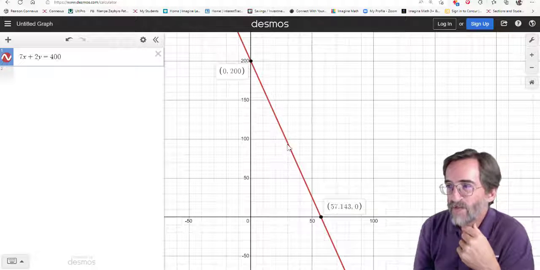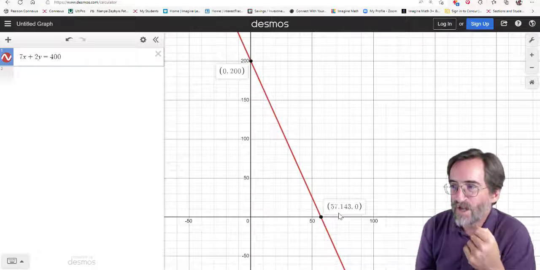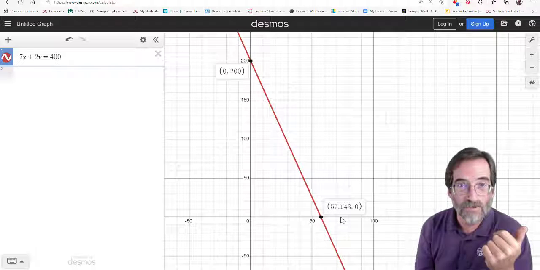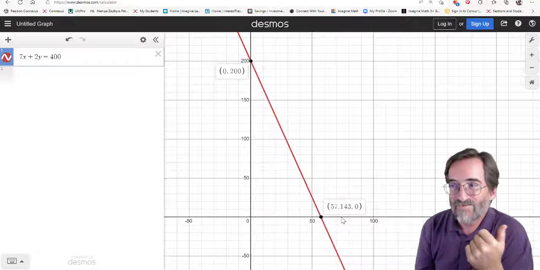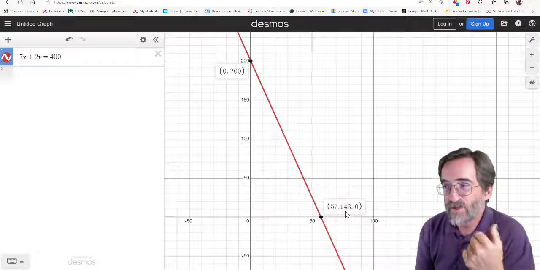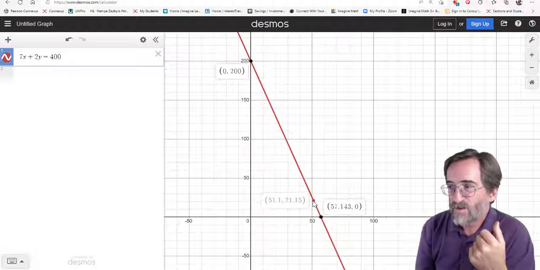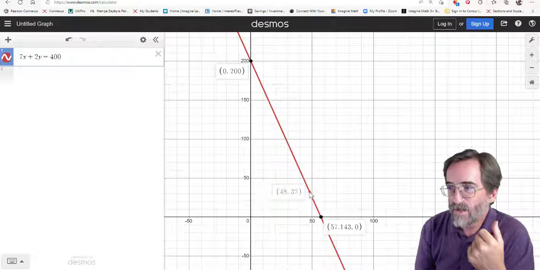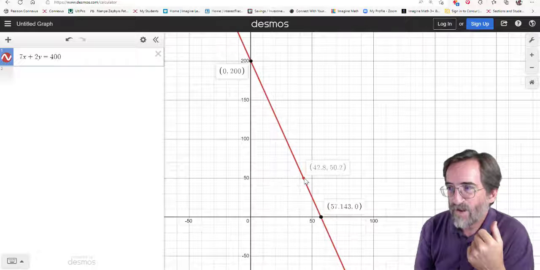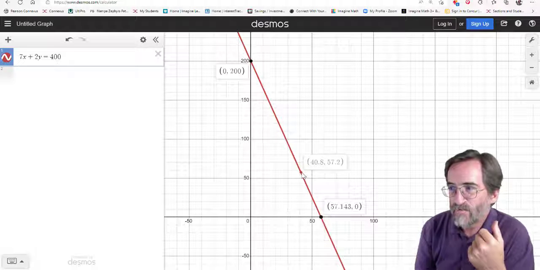And any combination therein. Now, of course, we can't have 57.143 adults because we don't divide adults into fractions. But any point along this line, if there's any whole number solutions, we will make $400, right? Now, I'm not seeing any whole number solutions here.